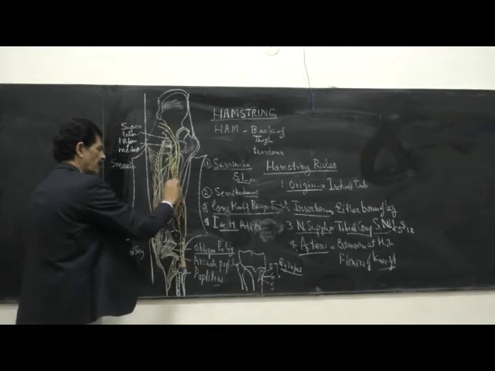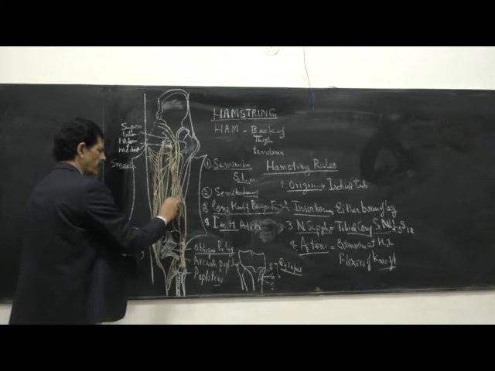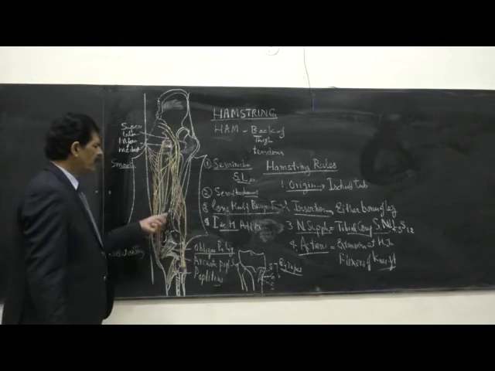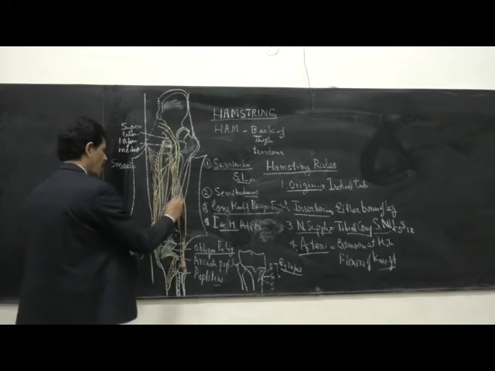Then this sciatic nerve goes into the popliteal fossa at the upper apex, where it is bifurcated into the medial tibial nerve, and lateral is the common peroneal nerve.